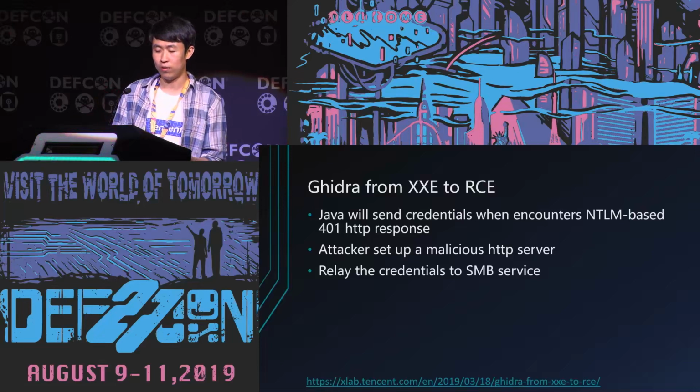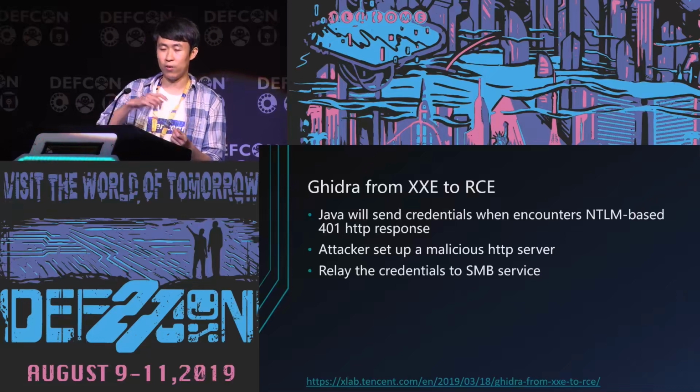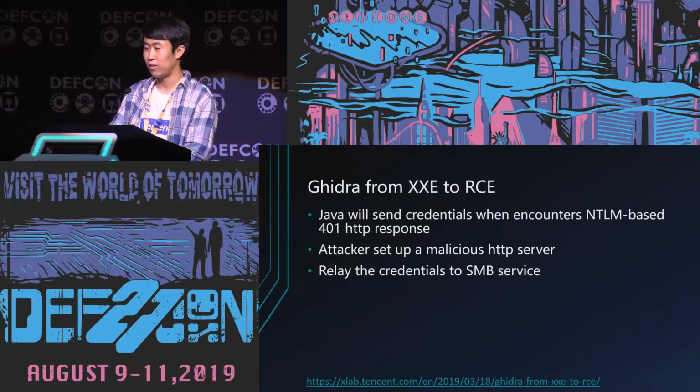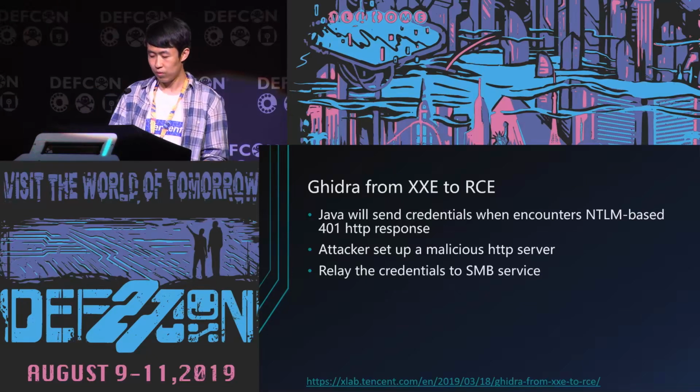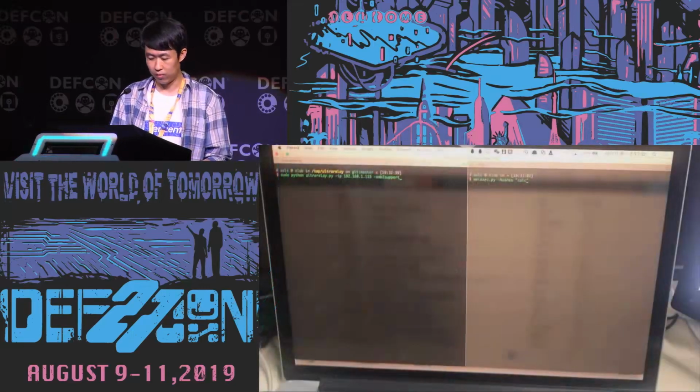The attacker can set up a malicious HTTP server to respond with that, and Java will send the credentials to the attacker, and the attacker can just relay the credentials to the C machine. So if you just open a malicious project and you have your SMB service open, then you may be hacked. So here's a demo.